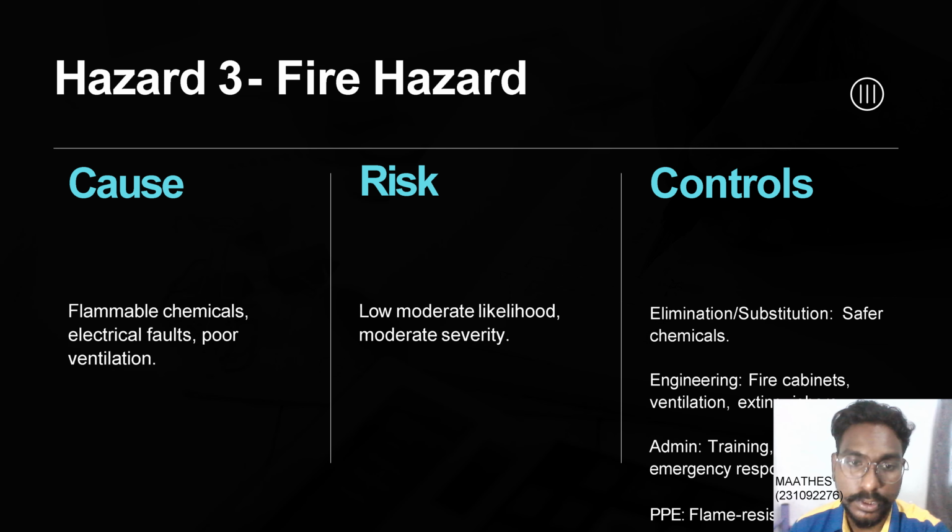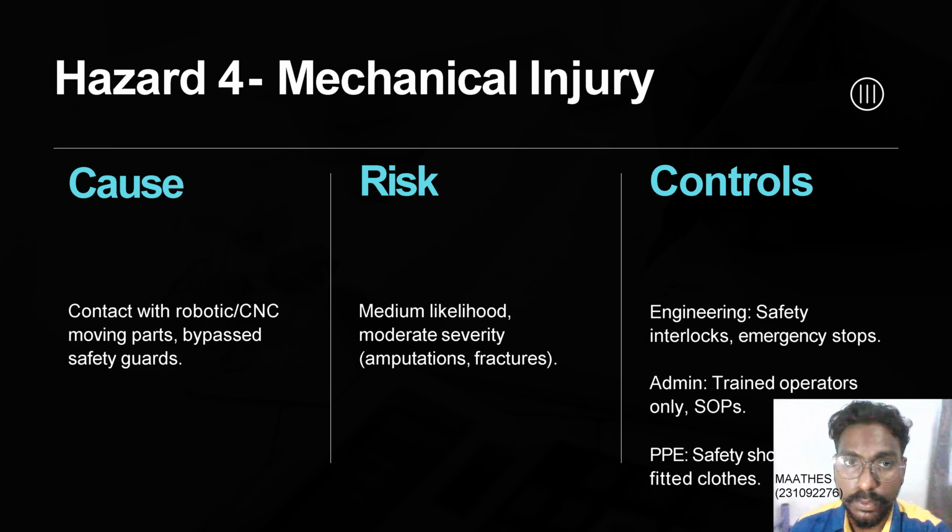Our fire hazard controls include using safer chemical alternatives, fireproof cabinets, ventilation systems, extinguishers, emergency drills, and PPE like flame resistant coats. And next, moving on to hazard 4, which is mechanical injury from CNC machines or robotic arms. This hazard occurs when someone accidentally touches moving parts or bypasses safety guards. Injuries could be as serious as fractures or even amputations.